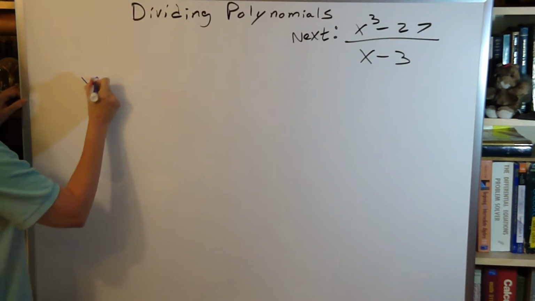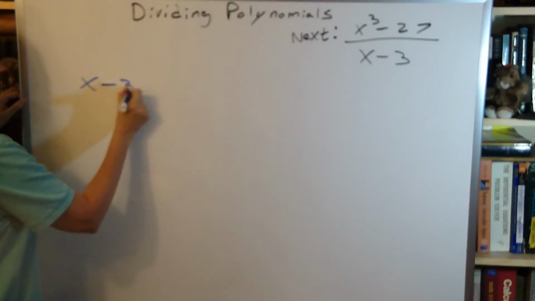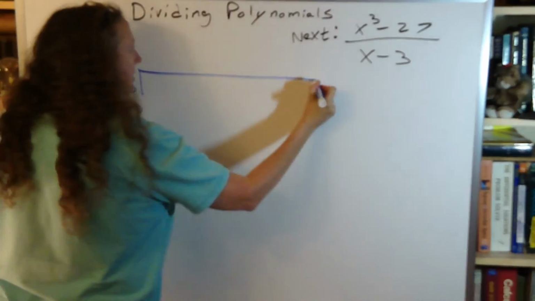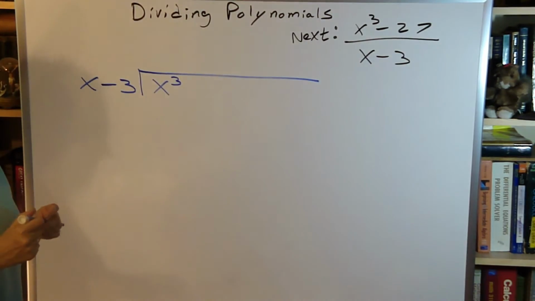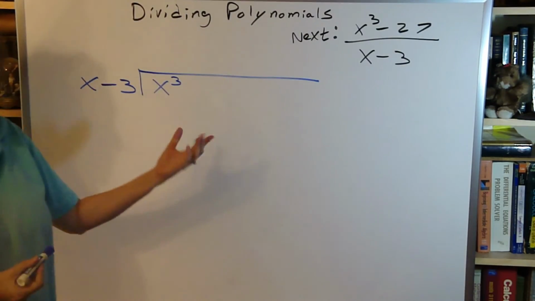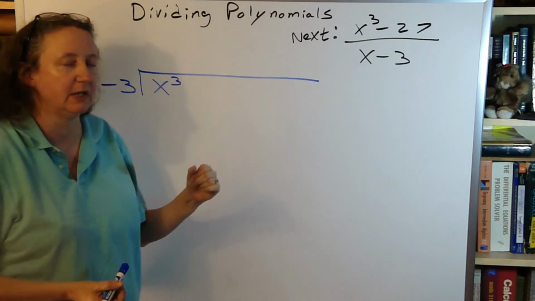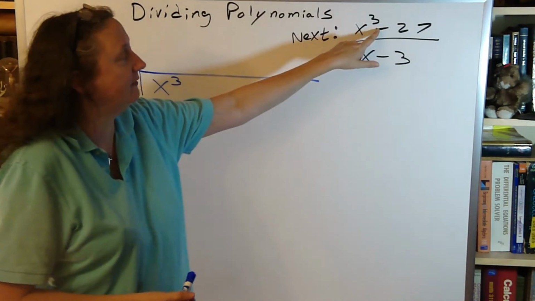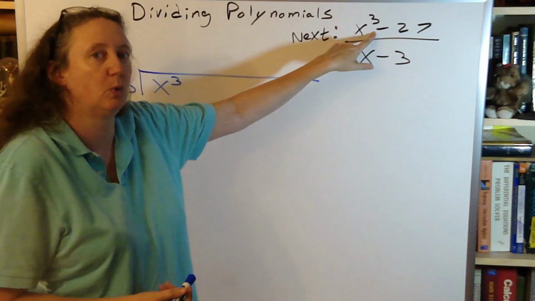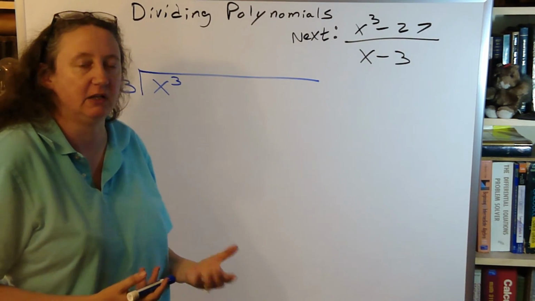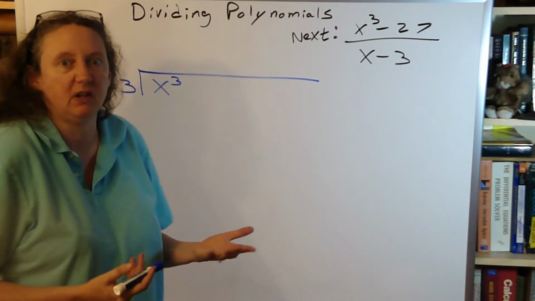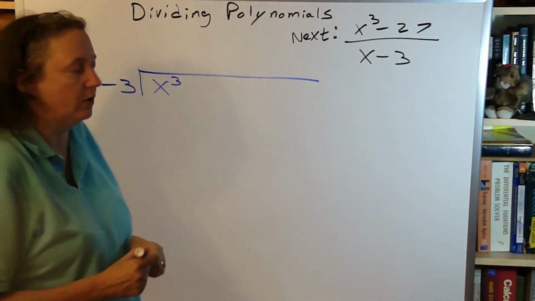So the x minus 3 goes out on the front. The x to the 3 goes as my first term, because that's the highest exponent there. I need to have something there for the x squared term. What can you multiply by something that gives you a 0? Nothing. You multiply a 0 in there.